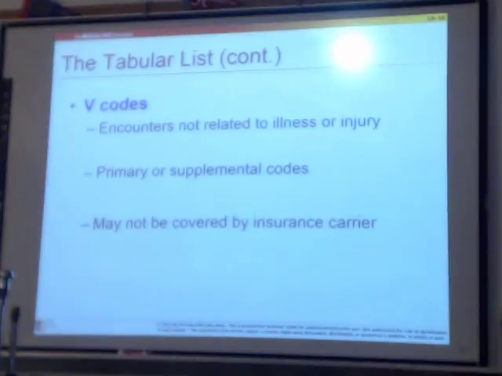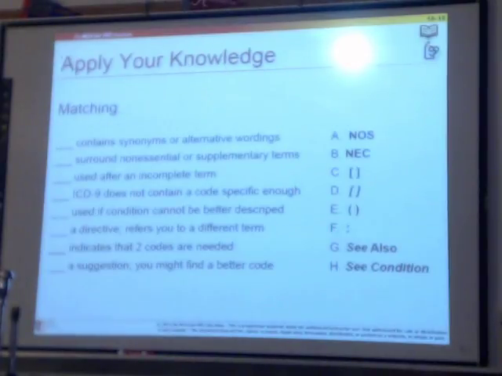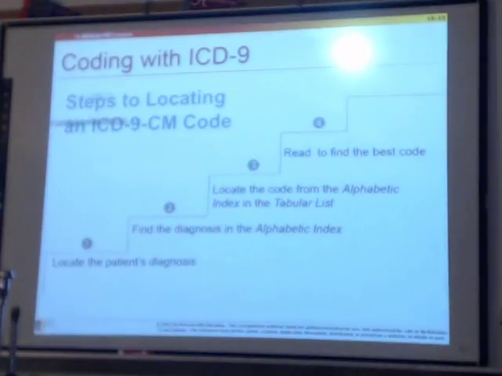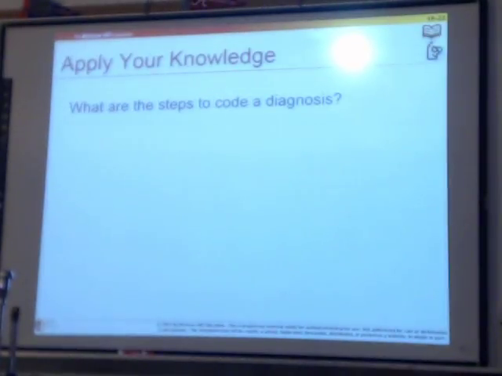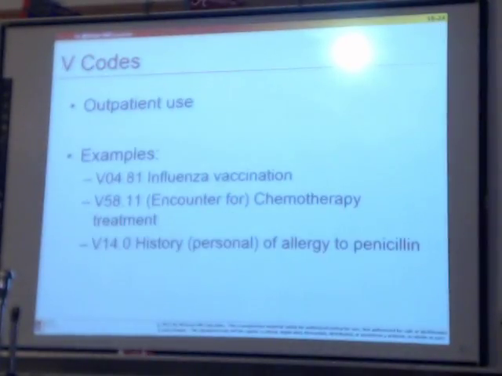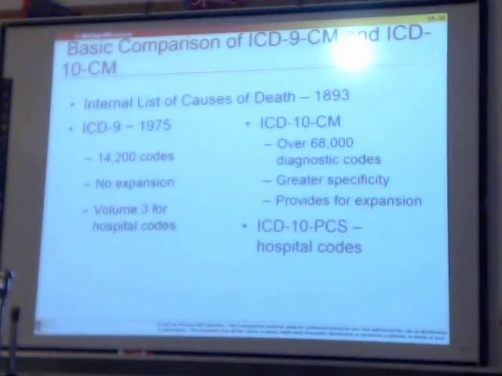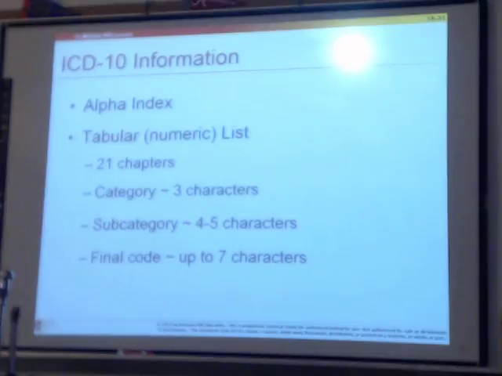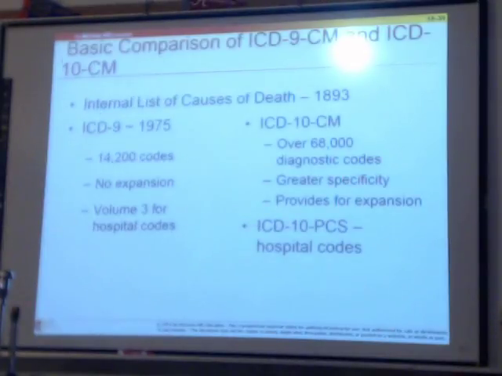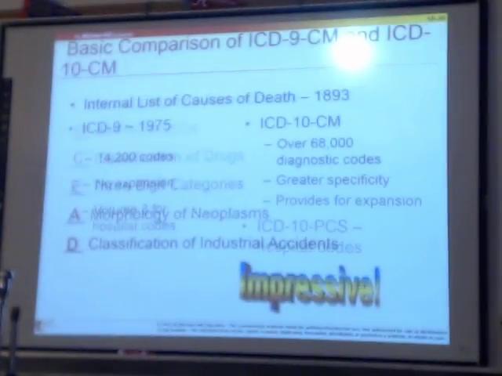Now I'm going to skip a few more, because things have changed, and we're going to look at ICD-10 coding. I will make sure the ICD-9 slides are gone by the time you get these. They were supposed to have already been deleted, and I apologize they weren't. So let's talk about ICD-10.